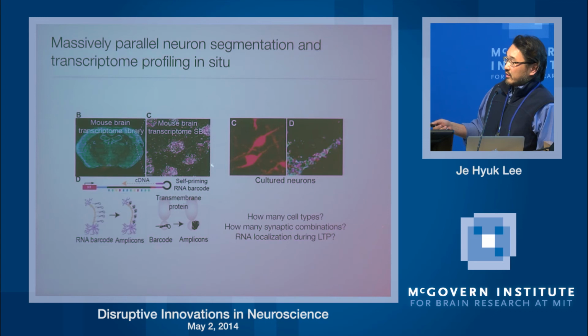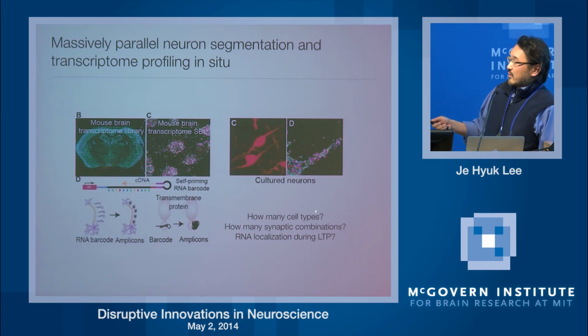Another thing I'm working on is a self-priming RNA barcode that's expressed within the nucleus, gets carried over, and binds to an RNA binding domain, such as MS2 or N peptides from P22 and other viruses. Then you can actually tag individual transmembrane proteins with a specific RNA barcode. This is something actively under development.